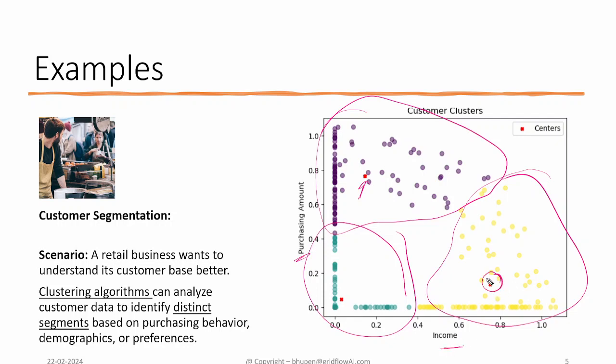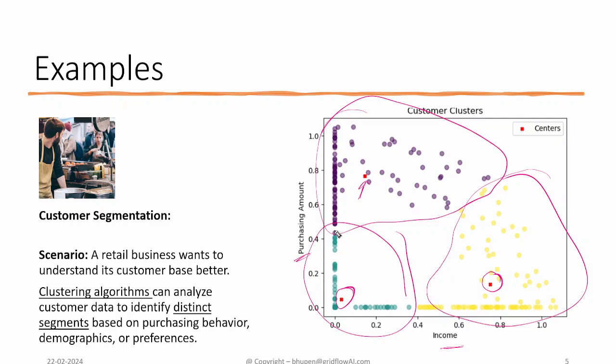So this is how we use machine learning models to understand the segments, based on the attributes or characteristics of the customer, like purchasing amount and income. So how does this actually help? It helps in terms of decision making.